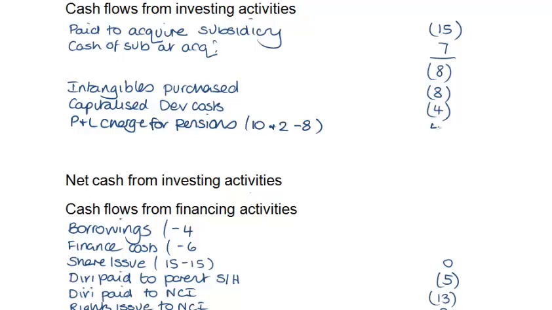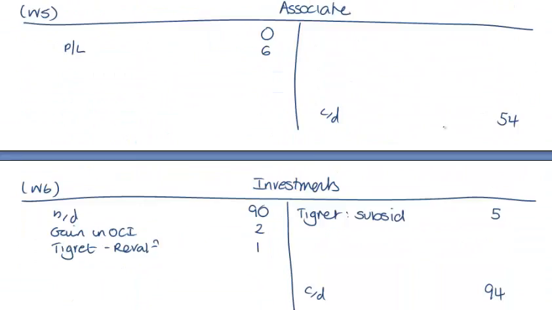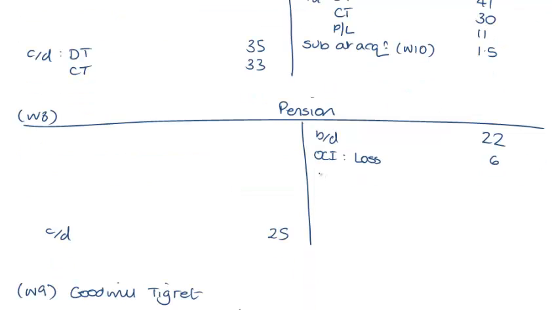So the overall cost is 4 million. That's our expense in the income statement. That is not cash. So if it's not cash, you add it back. But it is debit profit or loss, 4 million, credit pension, 4 million. So I'm going to pop down to my pension T account, profit or loss expense, 4 million, like so.